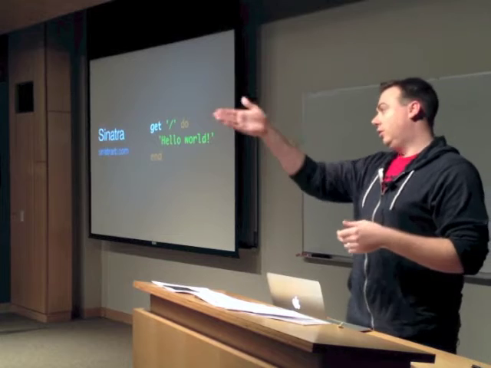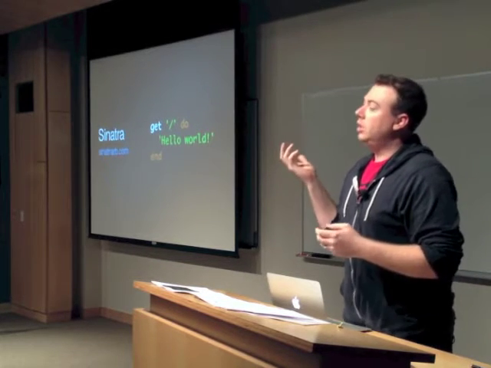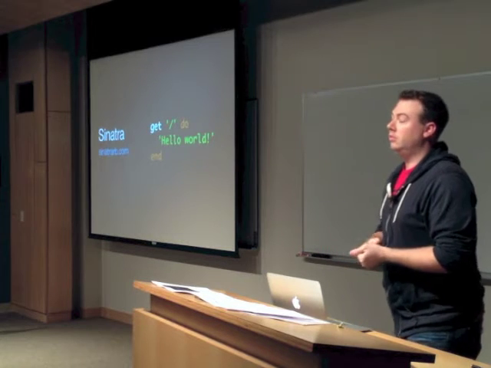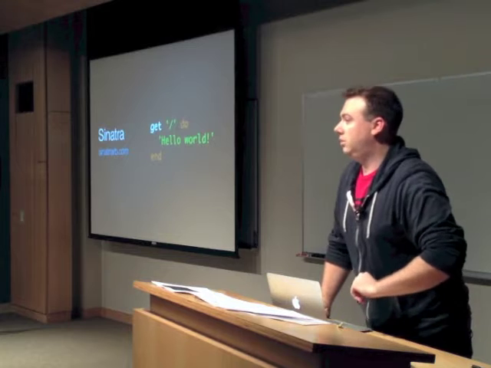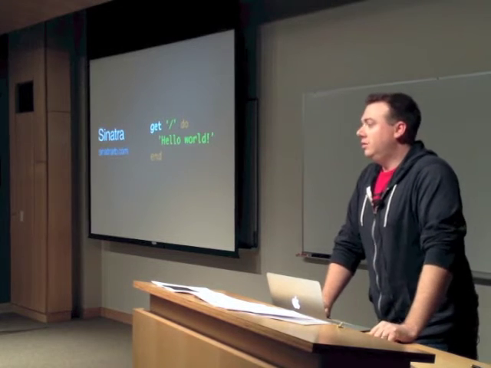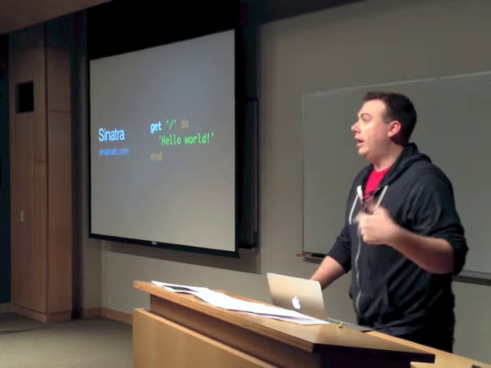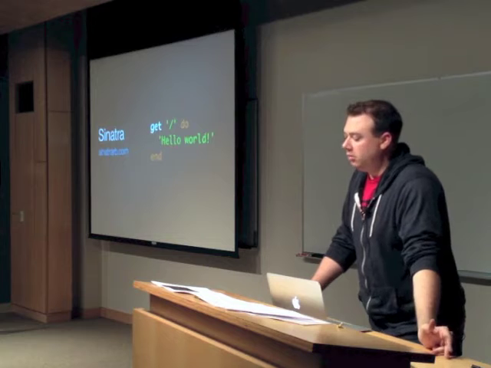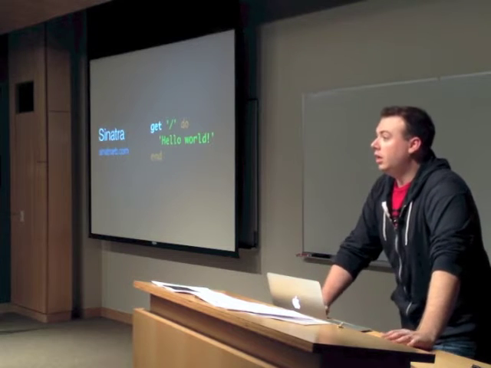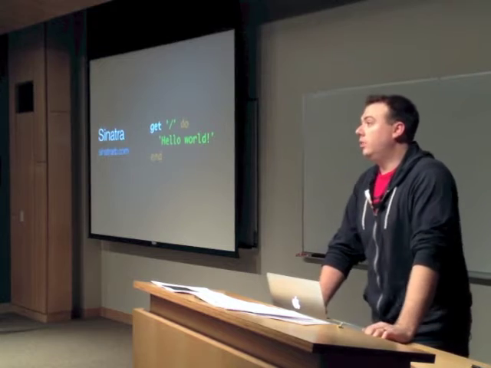So this would hit the root of a web app, and you return the response body as a string. That's at its simplest. It allows you to specify before and after callbacks. You can set custom headers, custom status codes, any content type. So it's very simple, but it really is very powerful.